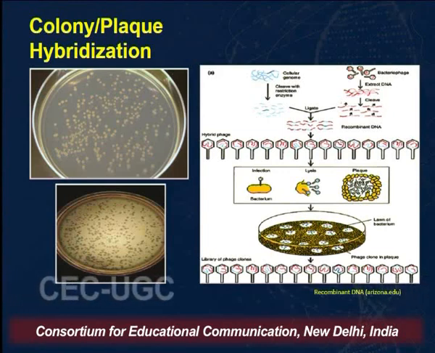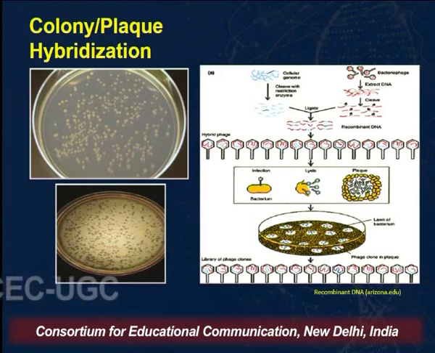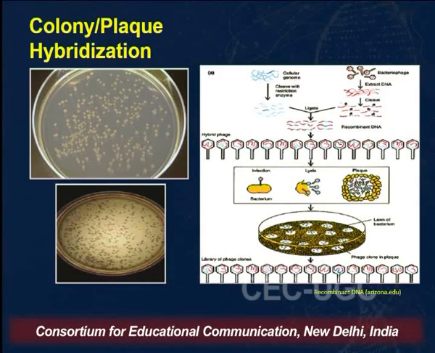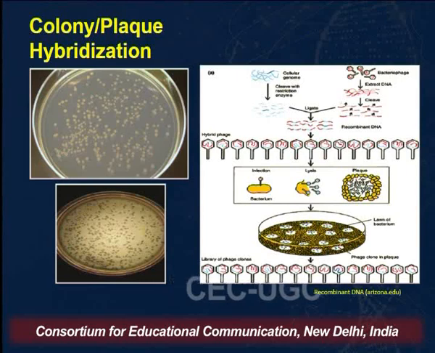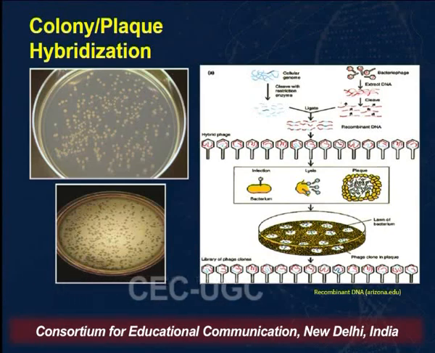You combine them together, create recombinant molecules, do the in vitro packaging into phage heads and tails, then use them to infect the bacteria. When it infects the bacteria, it undergoes the lytic life cycle and degrades the bacterial cells. It will basically kill the bacterial cells and the viruses will be released. So you will have the clear zone.